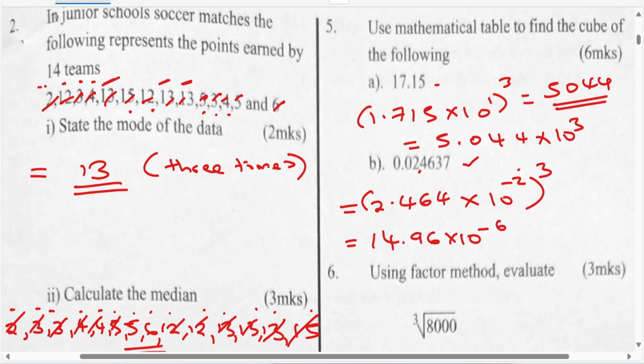So kama kuna 2 powers, you just multiply those 2 powers. So answer yako you can leave like this, okay, but ukitaka waweza andika bado times 10 power negative 6.